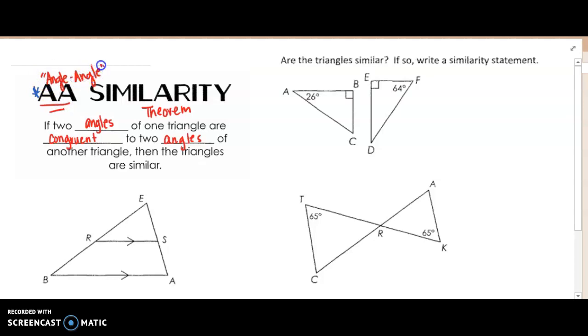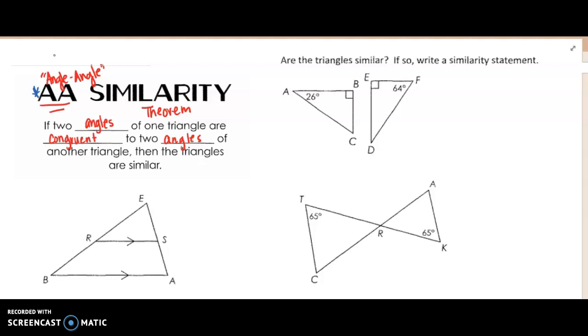You may remember this back when we did congruent triangles, but if you forgot, you may want to review that. So this theorem basically tells us that all we need to know is that two angles of one triangle are congruent to two angles of another triangle, and that would mean that the triangles are similar. We wouldn't have to do anything beyond that to show that they're similar.